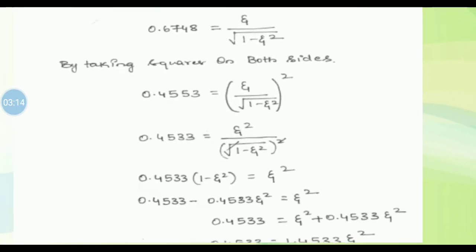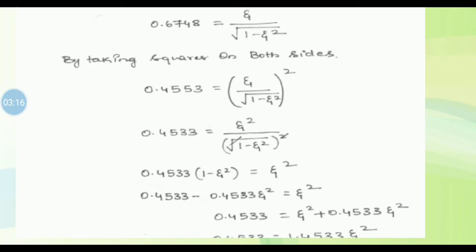Taking squares on both sides, 0.4553 is equal to damping ratio by root of 1 minus damping square, the whole square. So 0.4533 is equal to damping square by 1 minus damping square. 0.4533 into 1 minus damping square, because it is the square of the square root, is equal to damping square.